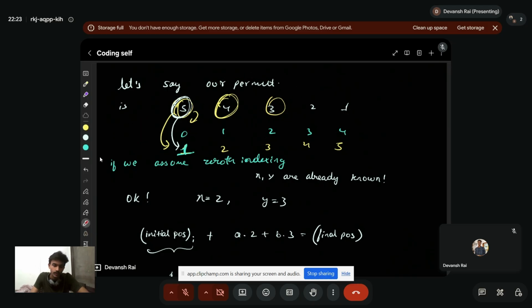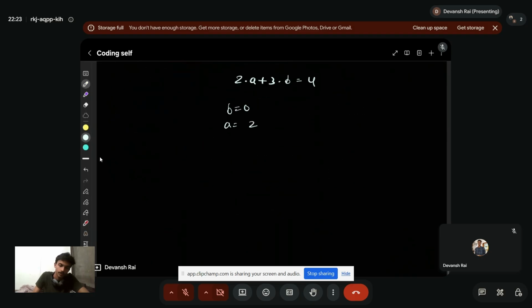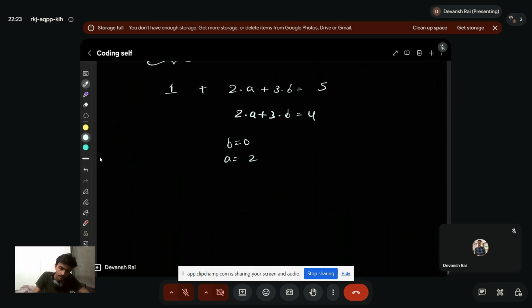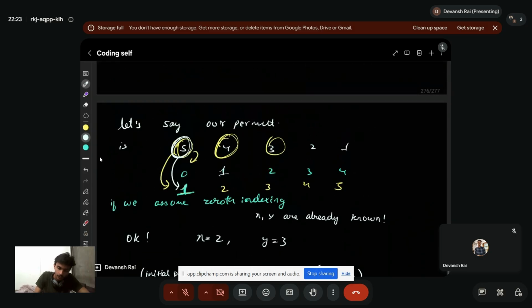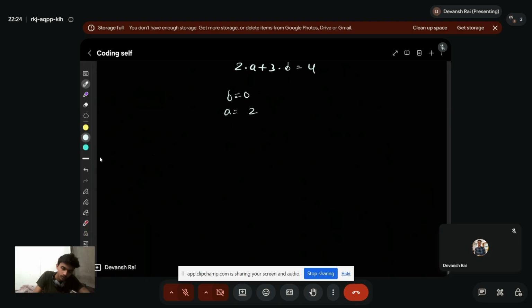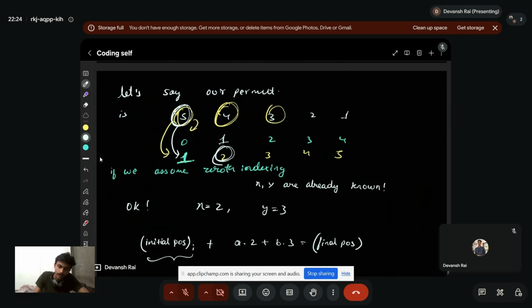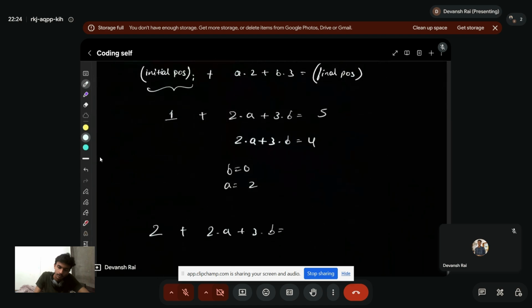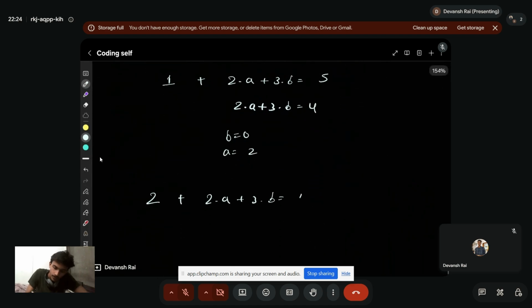Exactly. If we talk about 4, 4 is at place 2. So 2 plus 2 times a plus 3 times b, and we need a final position at 4, so we need 4 to be here. So 2a plus 3b equals 2.